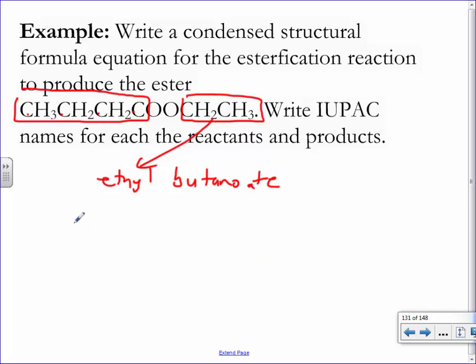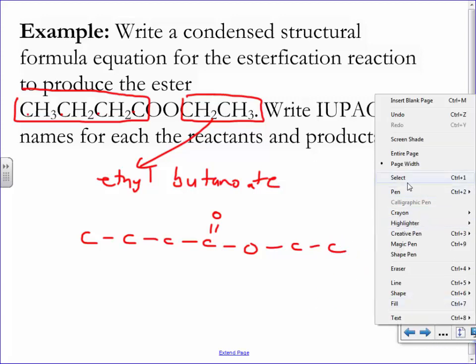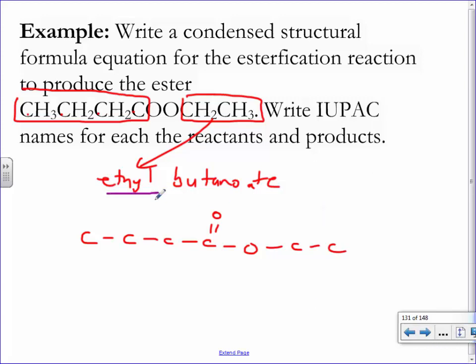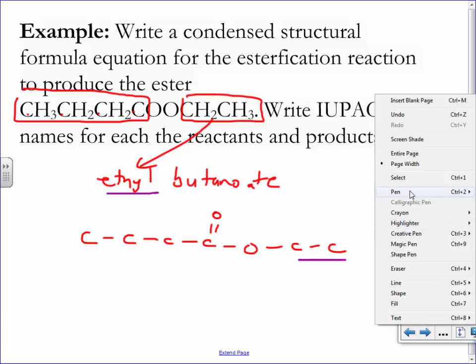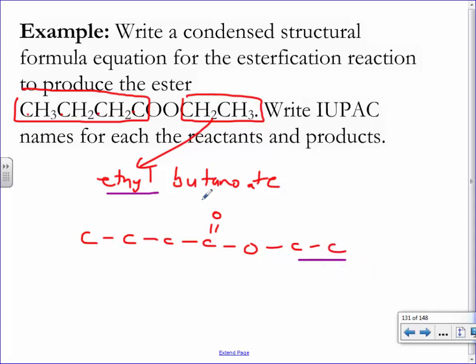If I wanted to draw it out, it would have looked like this. There would have been 4 in a row. The last carbon goes up to oxygen, over to oxygen, and then branches off with 2 more. And so if I want to color code it, this is your ethyl from right here. This is your but right there.